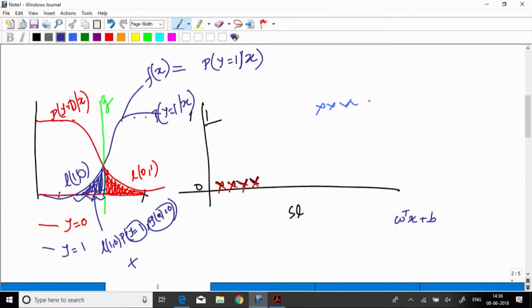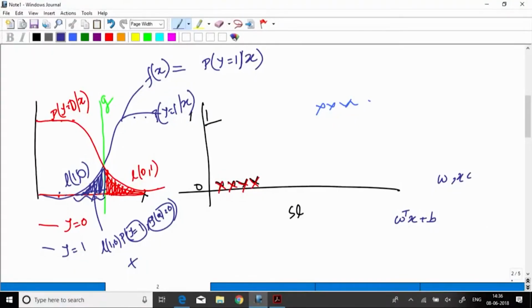This is the inner product, the dot product. W is in the same dimension as X, so both W and X are in R^D, and b is the bias. Right? And now this is a linear thing.